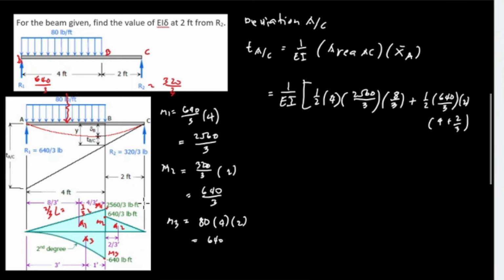And last, for the area 3, it's downward, so therefore it is negative, and the formula for the second degree is 1/3 of base times height, and the base, or the length, is 4, multiplied by the height, or M3, that's 640.